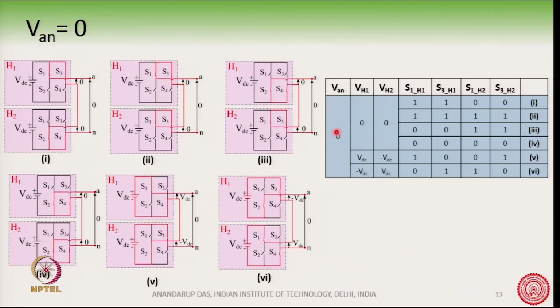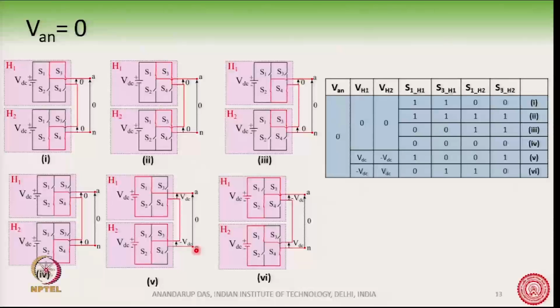Now, if we see this combination, where VH1 is VDC, we have only one multiplicity, that is this 1001, which I think is this figure here. We have connected this diagonal and this diagonal, and you see that the voltage produced by H1 is opposing the voltage produced by H2.